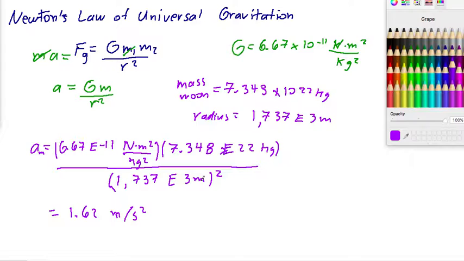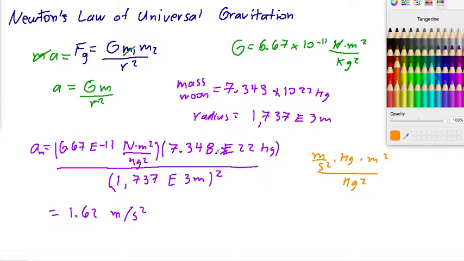Now, unit-wise, here on top we had newtons times meter squared. What's a newton? A unit of force, and that's just meters per second squared times kilogram, right? Times meter squared over kilogram squared.